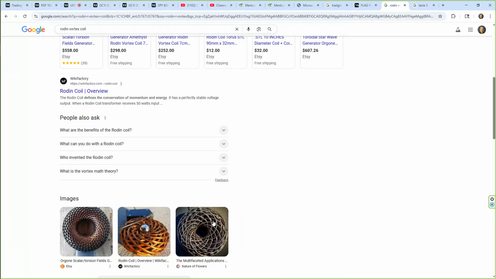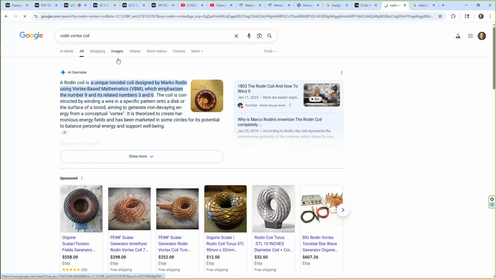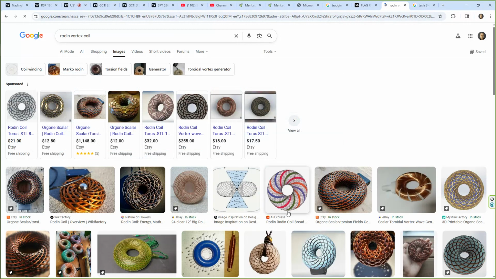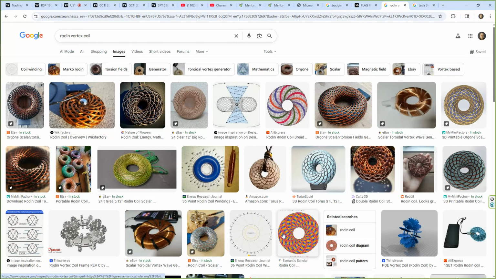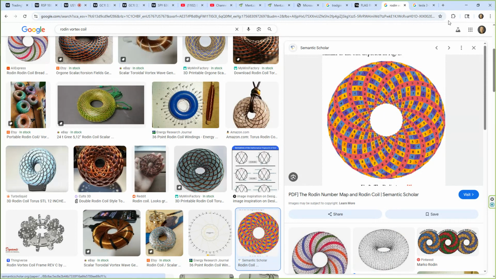Well, imagine the Rodin vortex. When we go to images, a Rodin vortex is essentially a structured mechanical component. Okay, so you see these structures, how the 3, 6, 9, 6, 9, 3, 9, 8, they basically move through these cycle structures.